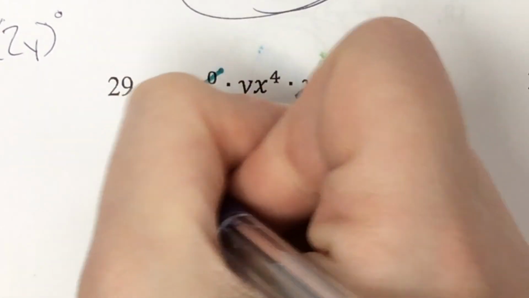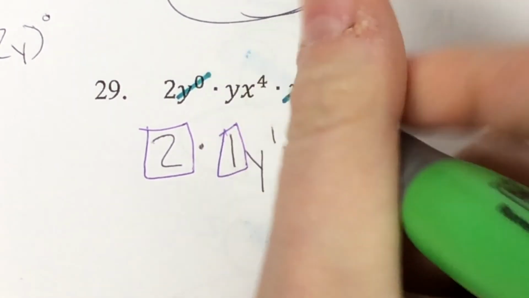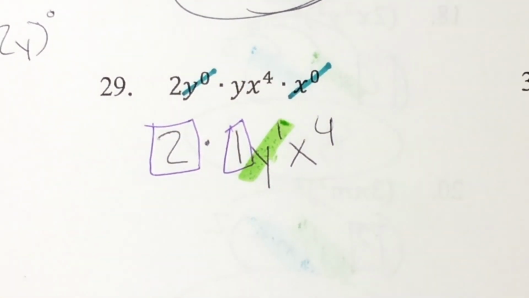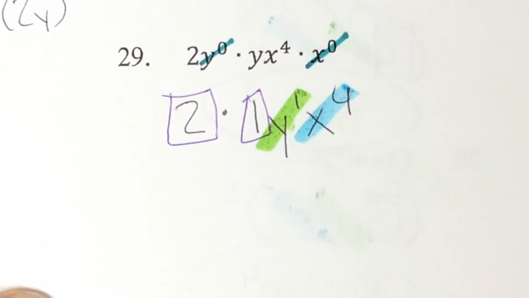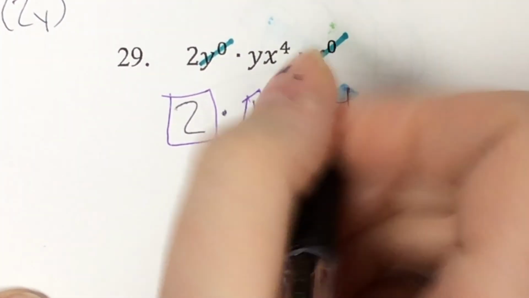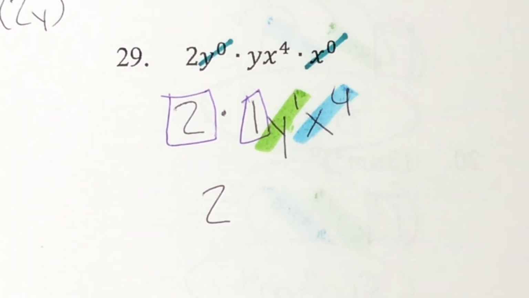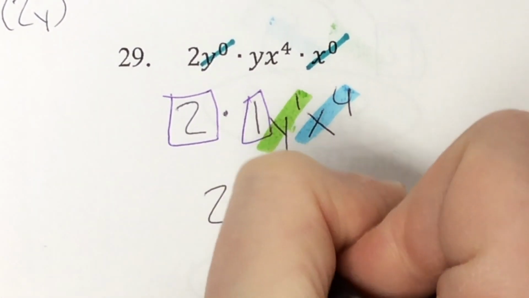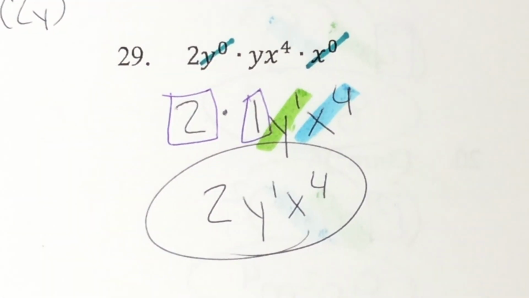So we have coefficients 2 and 1, and then we have our variables: y to the 1st and x to the 4th. 2 times 1 is 2, and then we only have y to the 1st and x to the 4th. There's nothing to multiply those by, so just rewrite them. They come along for the ride, and that's your answer.